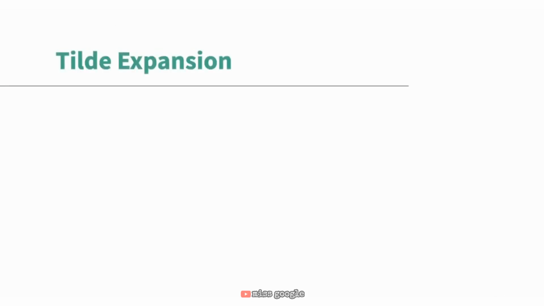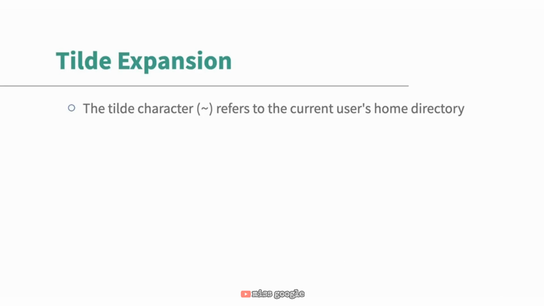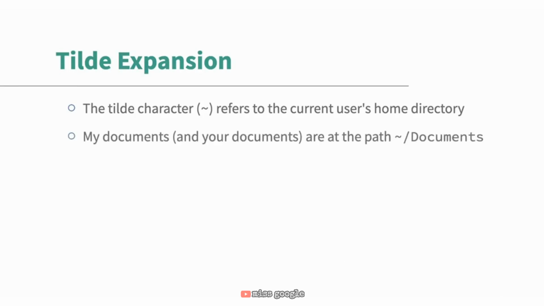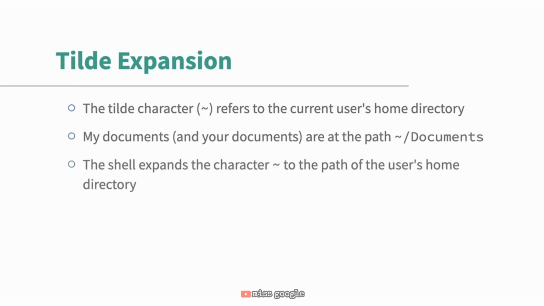I mentioned the tilde character earlier and noted that it refers to the current user's home directory. So I could also represent my documents directory using the path ~/documents. On your system, this would refer to your documents directory, and on someone else's system, it would represent their documents directory. The tilde here is a feature of Bash and many other shells, and its behavior is called tilde expansion.